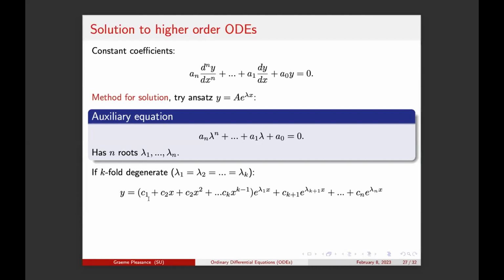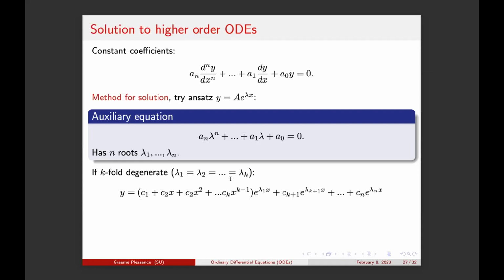It is similar to the form I showed in the non-degenerate case, but now we multiply each of these constants by a power of x. For C1 we just have the constant, and then it goes in increasing powers all the way up to x to the power of k minus 1.